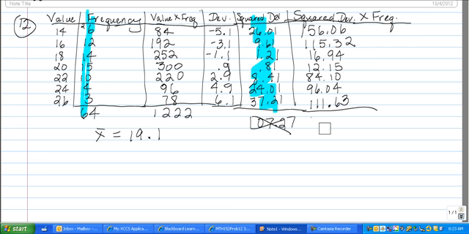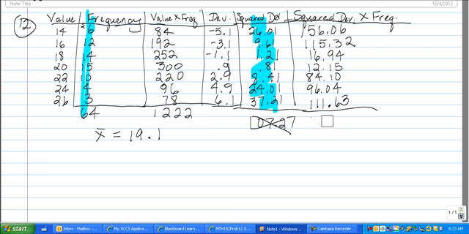So 156.06 plus 115.32 plus 16.94 plus 12.15 plus 84.10 plus 96.04 plus 111.63.